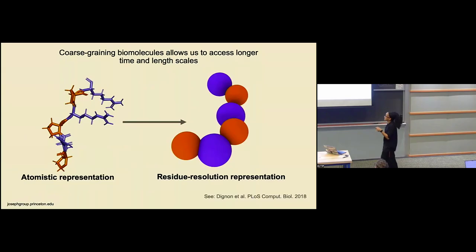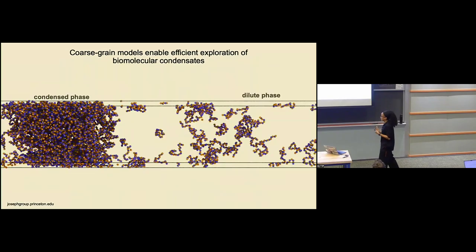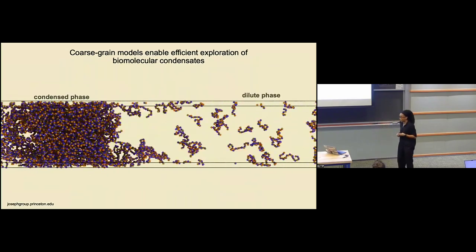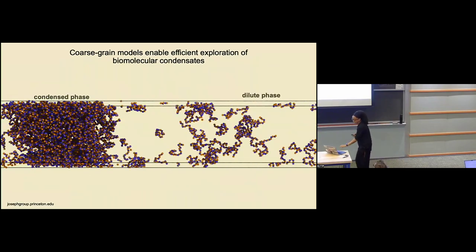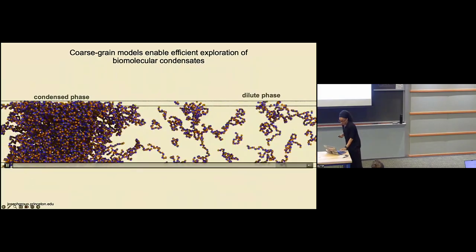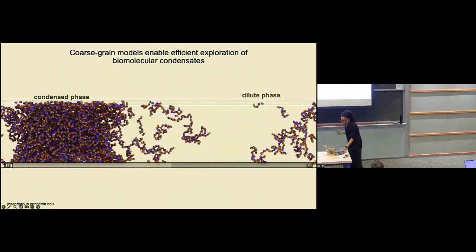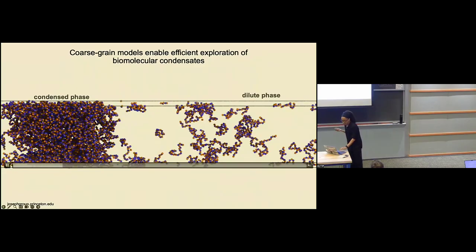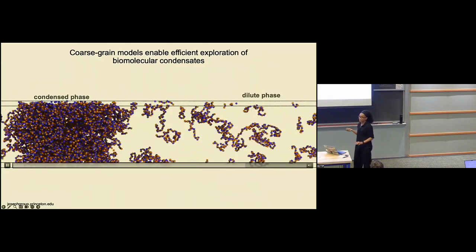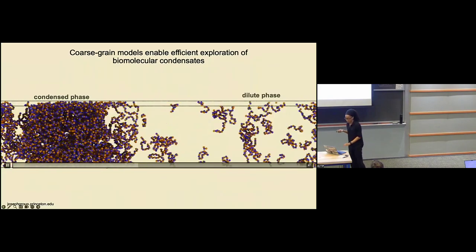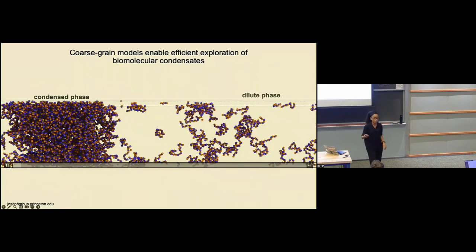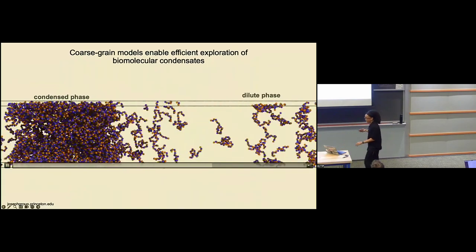We take each amino acid, for instance, and we map it onto a single interaction site. And using a coarse graining approach, we can essentially accelerate the rate at which we can study these small molecules. The caveat here is that how do we go about getting parameters for these small molecules that capture the essential physics that is driving the partitioning?